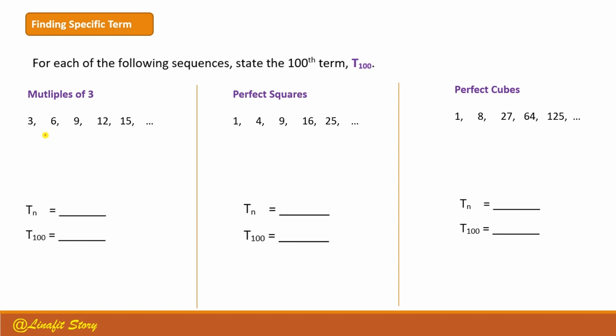So we know here, this is start with 3, then add 3 to each term to get the next term. 3 plus 3 is 6, 6 plus 3 is 9, 9 plus 3 is 12, 12 plus 3 is 15. So Cn is equal to 3n. So the 100th term is 3 times 100, which is equal to 300.